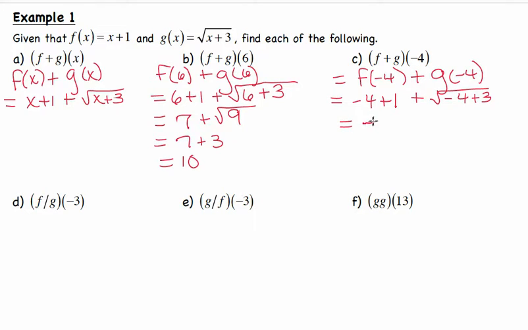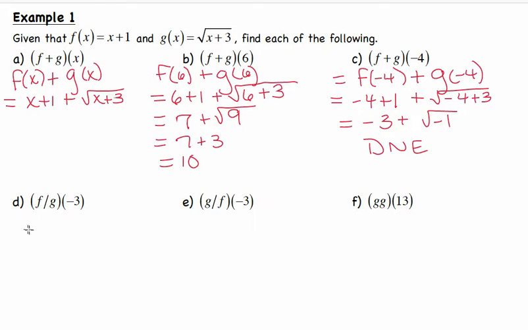And I get negative 3 plus the square root of negative 1. And the square root of negative 1 is not a real number. And so the answer to this problem is going to be does not exist, because we're looking for real number answers only. And you can abbreviate does not exist with a D and E if you like.